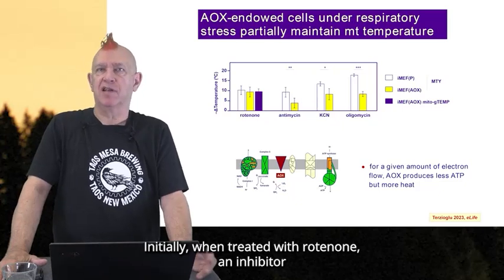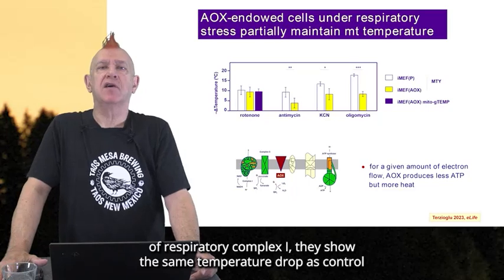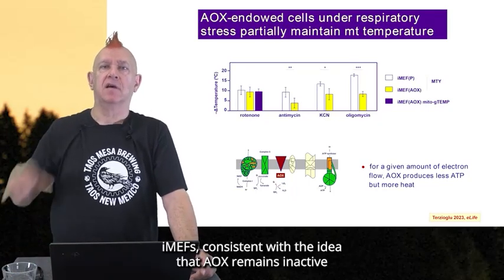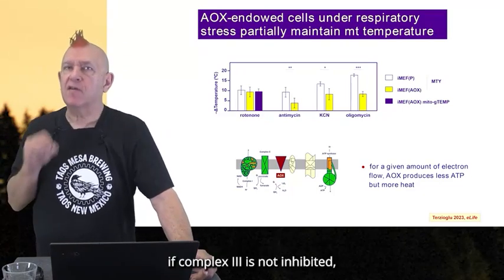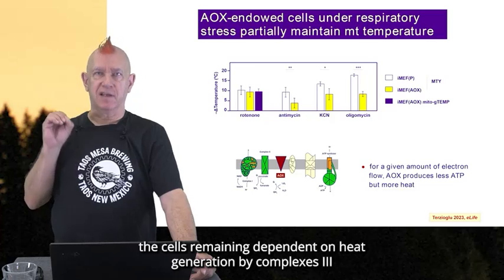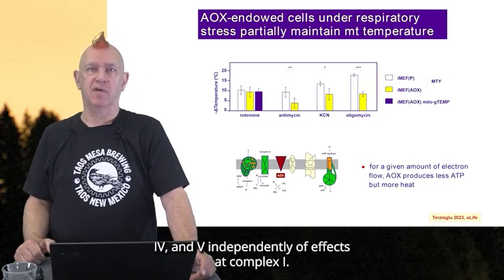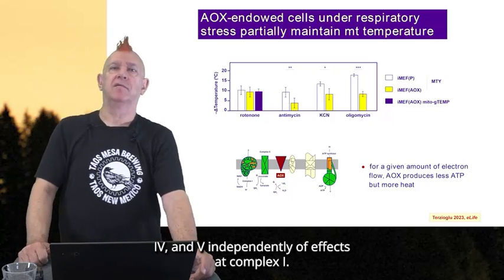Initially, when treated with rotenone, an inhibitor of respiratory complex 1, they show the same temperature drop as control IMFs, consistent with the idea that AOX remains inactive if complex 3 is not inhibited, the cells remaining dependent on heat generation by complexes 3, 4, and 5 independently of effects at complex 1.